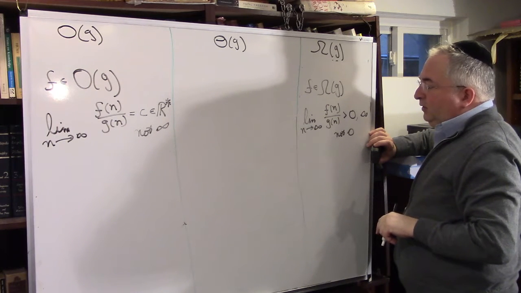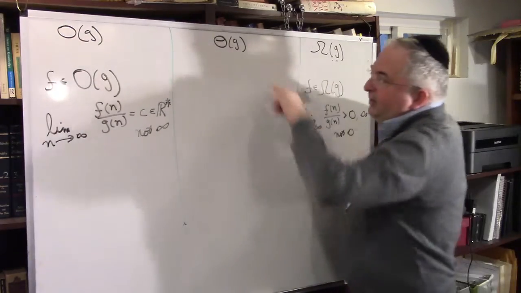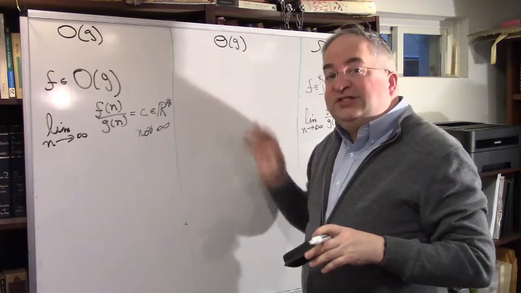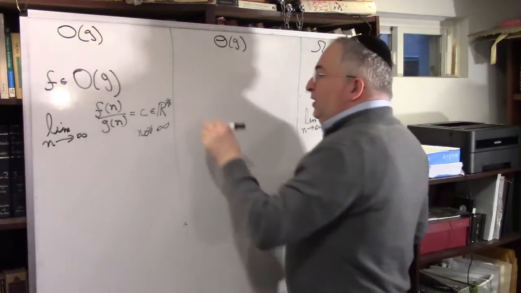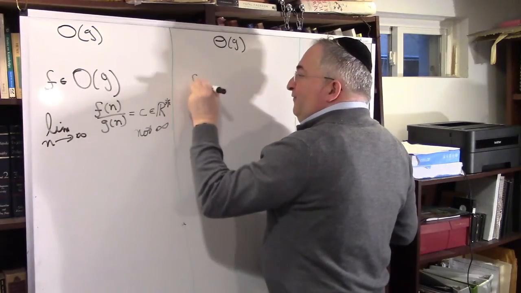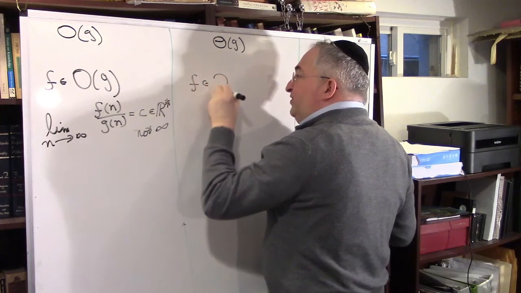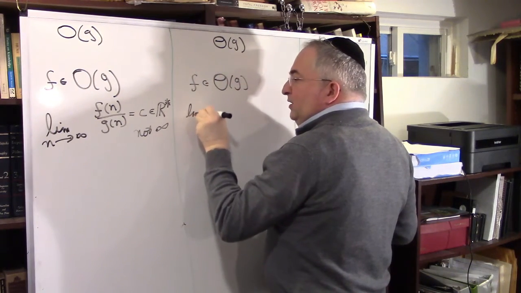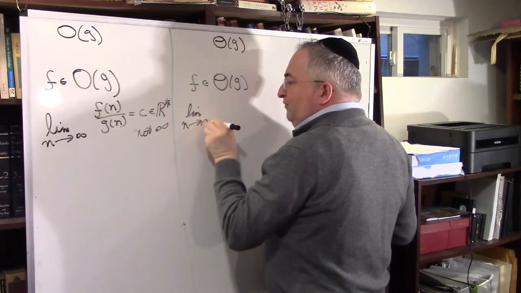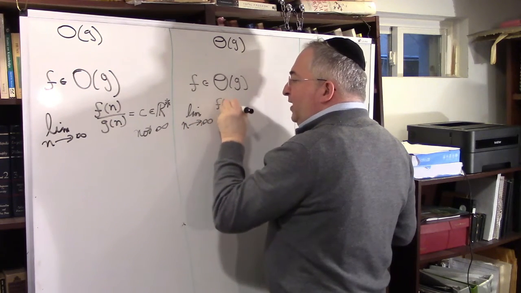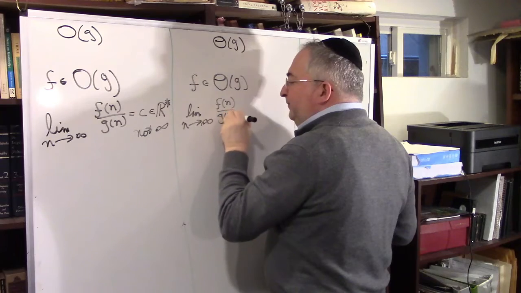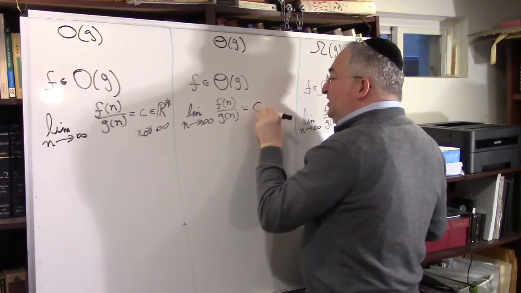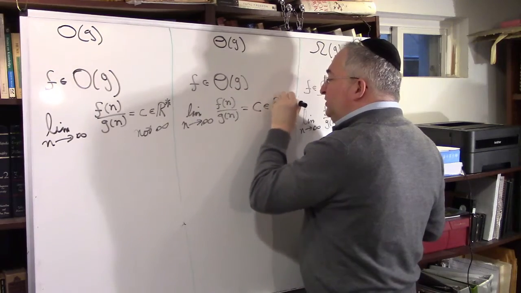Okay. Great. How about this? What are functions that grow about the same rate as g? Well, f is a member of theta of g if the limit as n goes to infinity of f of n over g of n, okay, is equal to C, a member of R plus.